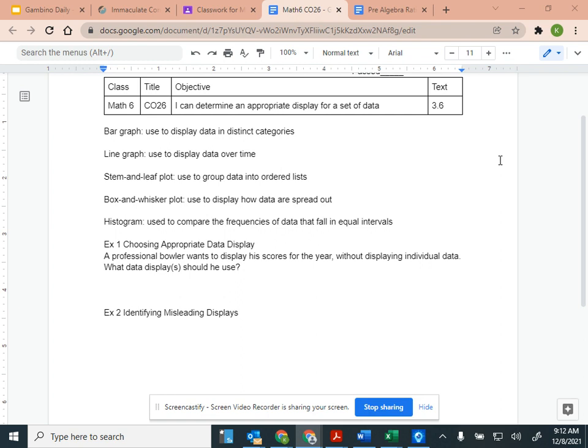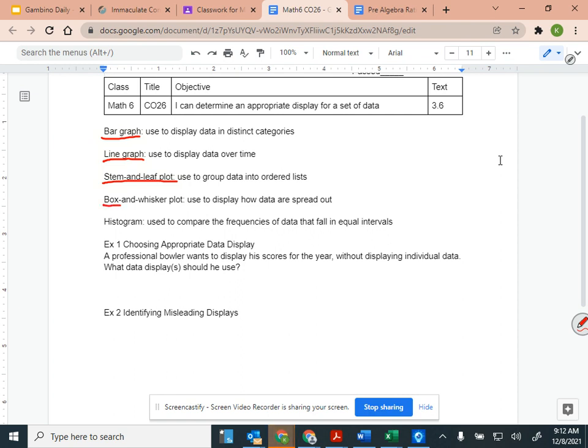So if we look, we learned about that bar graph. We're going to use a bar graph to display data in distinct categories. A line graph we use to display data over time. The stem and leaf plot we use to group data into ordered lists.